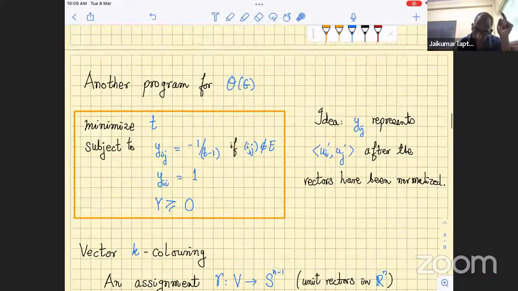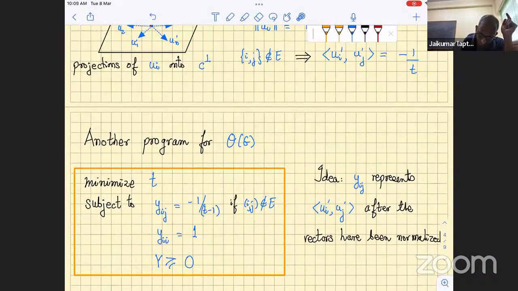We want that non-adjacent vertices must receive vectors that are pointing away from each other. You see the negative sign, which means non-adjacent vertices must receive vectors that point away from each other.